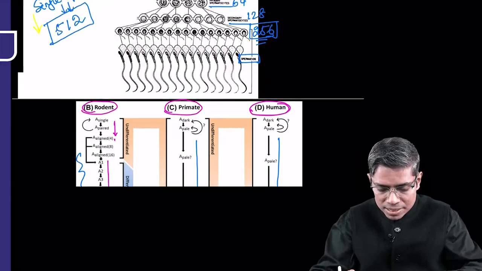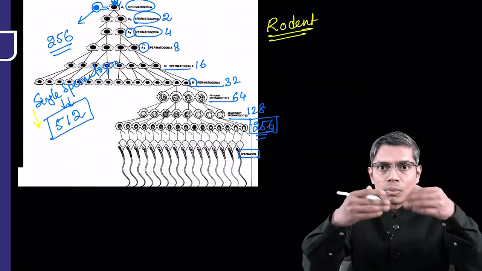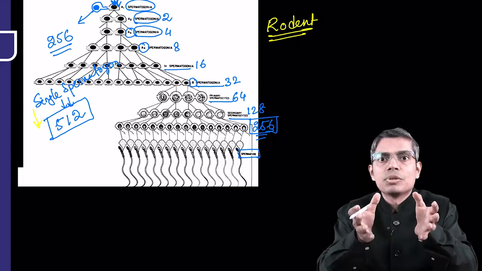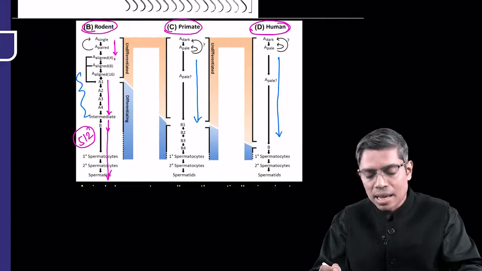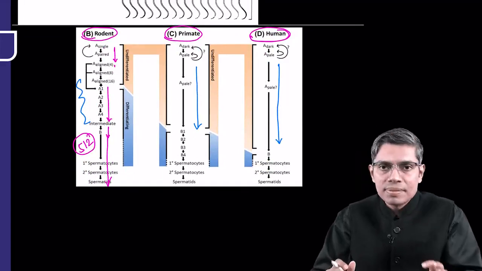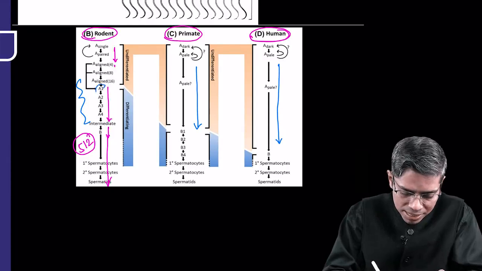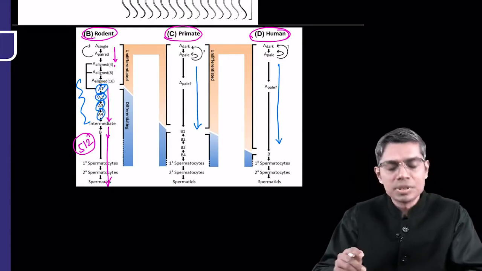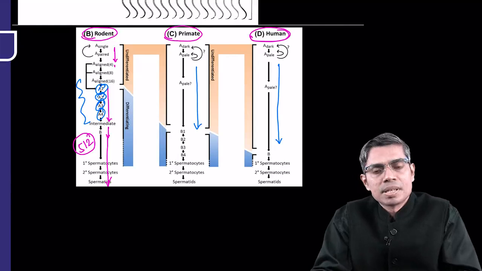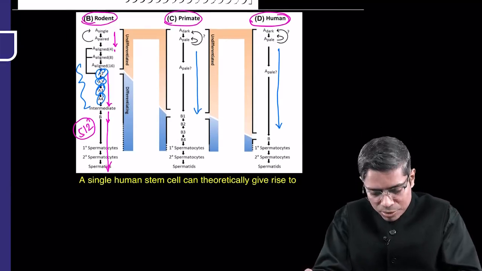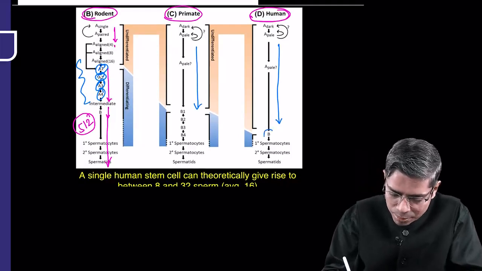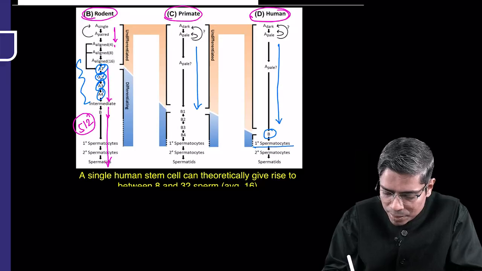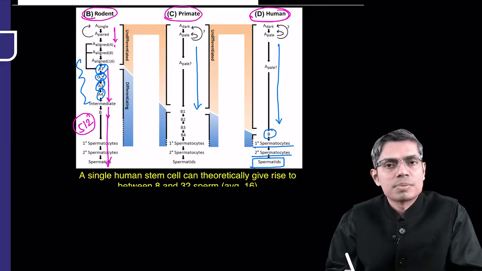If the cells divide like this, one after another, they will remain connected with one another and it will be a continuous process. But in humans and primates, stages A1, A2, A3 are all absent. Because of this, in humans, the spermatogenic process is very, very simple. It forms spermatogonia B, then primary spermatocyte, then secondary spermatocyte, and then spermatid or sperm.